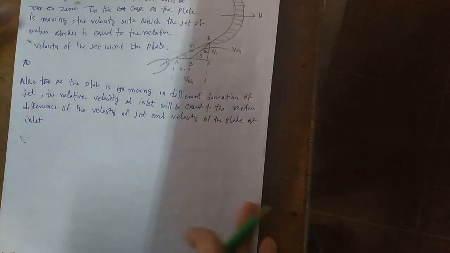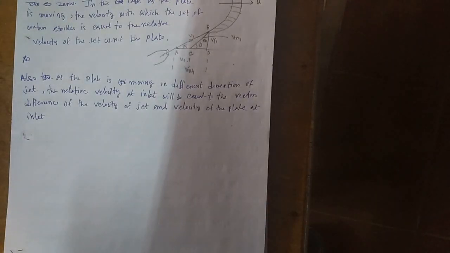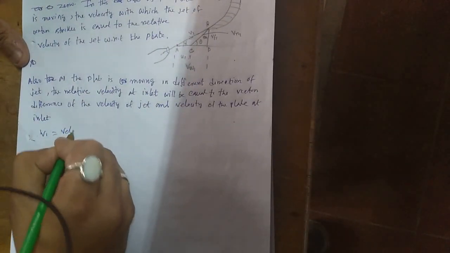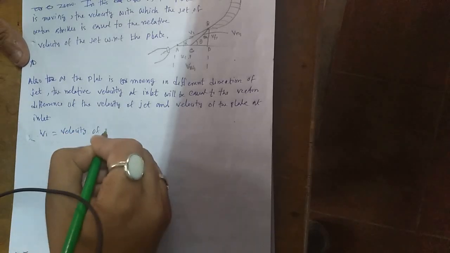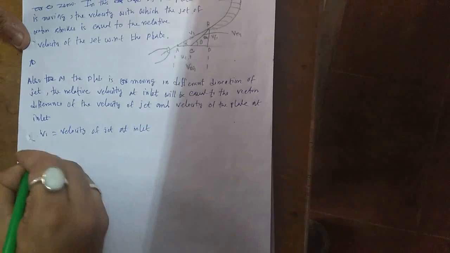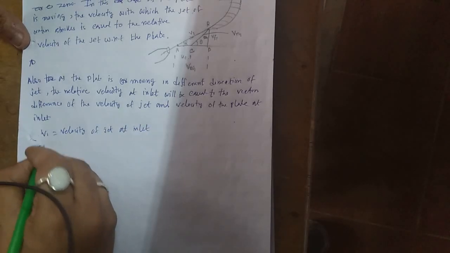Okay, so we are familiar with all these terms. What is V1? V1 means the velocity of jet at inlet. Now what is U1?